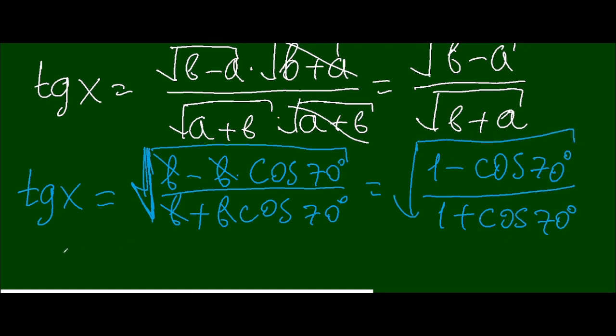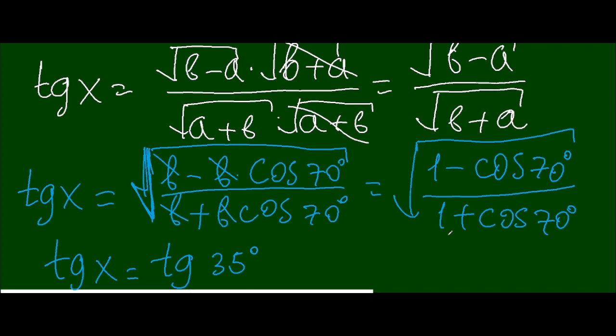And as is visible, this is tangent 35 degrees. This will give us tangent 35. Why is it so?